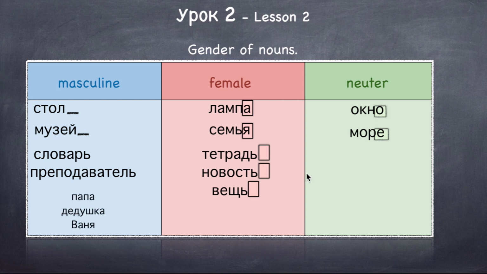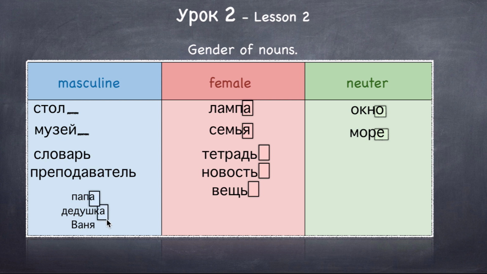And then we also have to remember about masculine nouns that naturally they denote a masculine gender, but their endings are feminine. Papa, дедушка, Vanya. These nouns, like proper nouns ending with ya or a, even though they end with a or ya, these nouns belong to the masculine gender.